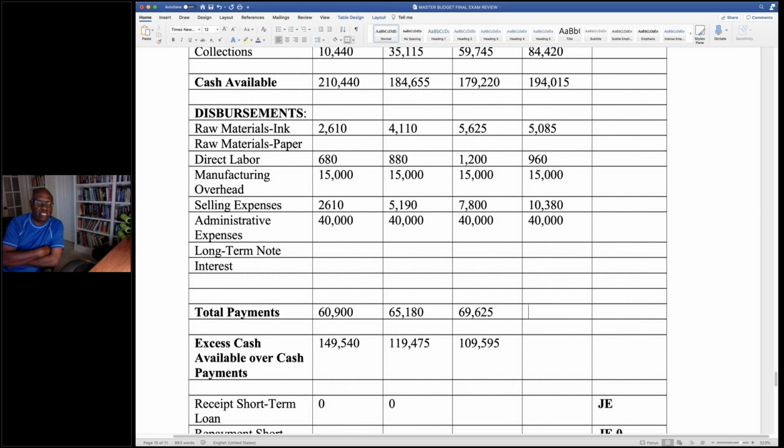Look at our total expenditures. Is it 71,425? Mm-hmm. What's our excess? Is it 122,590?